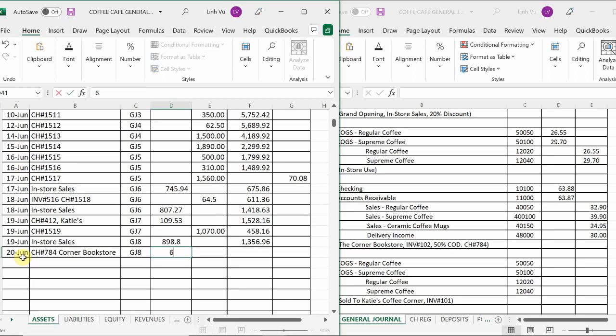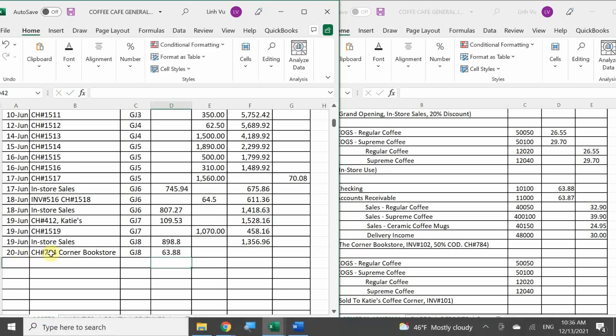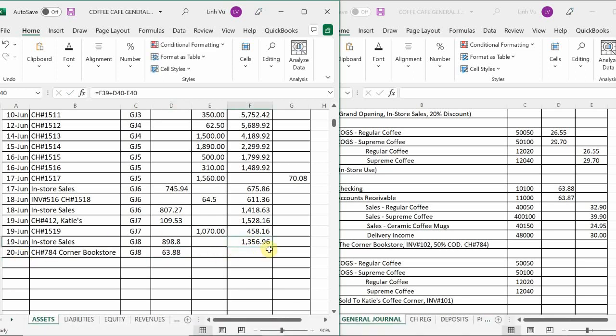We received a check for $63.88. So what's my account balance now? 1,420.84. Good.